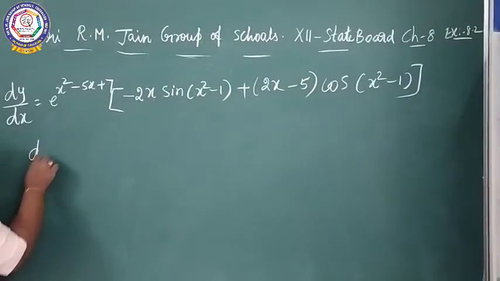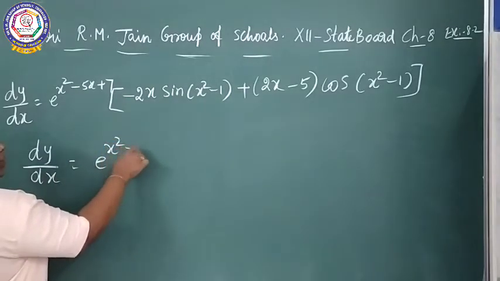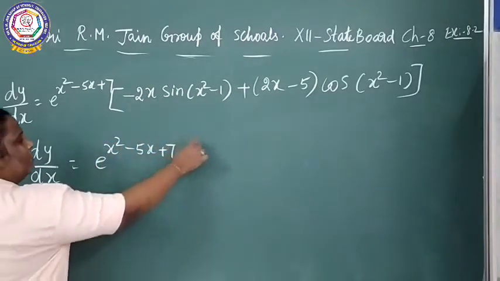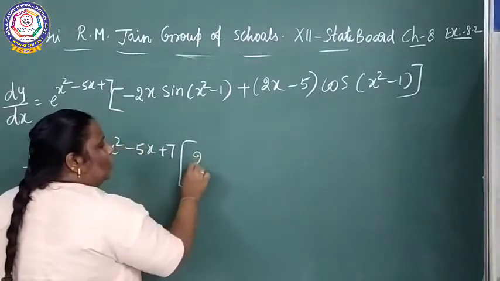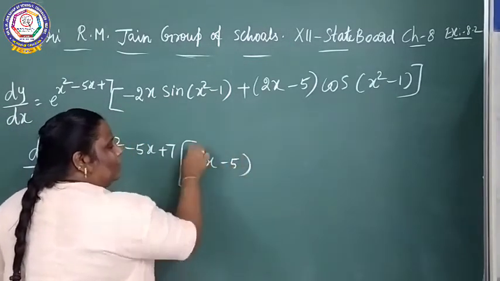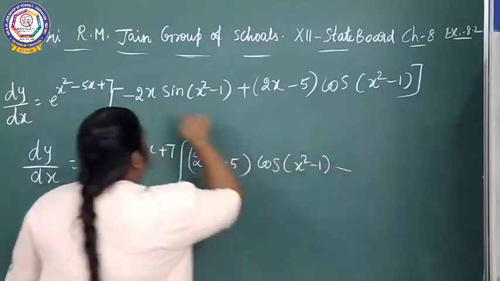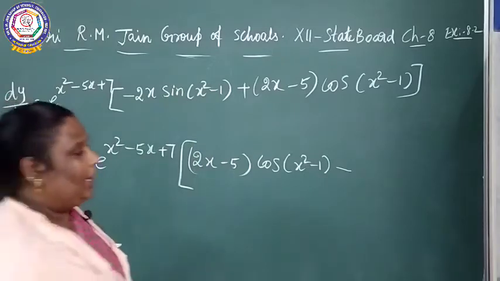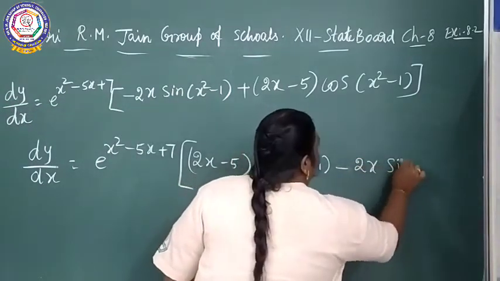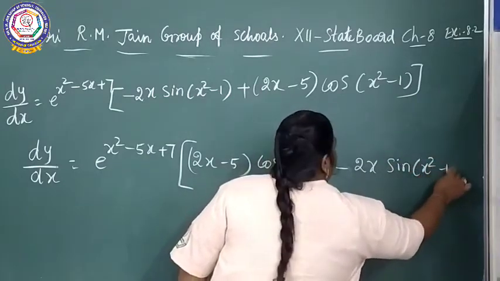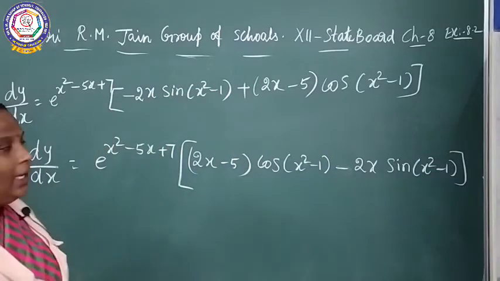So, dy by dx equal to e power (x square minus 5x plus 7) into, you write the positive one first, (2x minus 5) into cos of (x square minus 1) minus 2x into sin of (x square minus 1).